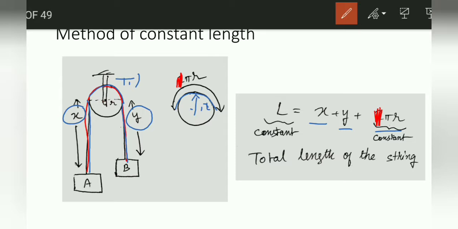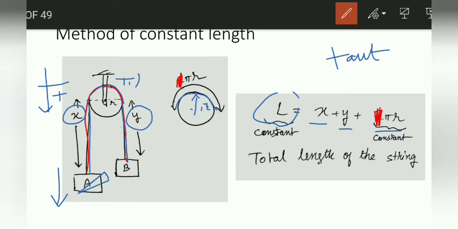So the total length of the string will be x plus y plus pi r. Now for the string to be taut, this total length will be constant. Suppose block A is moving downwards and we are taking the downward direction as positive. So x is increasing as object A moves down.